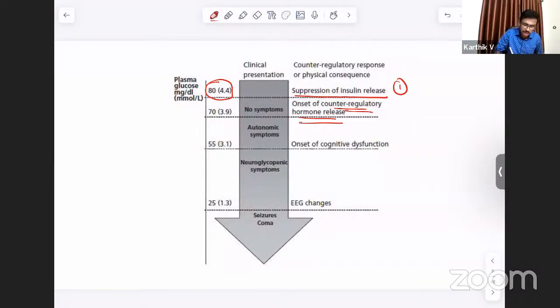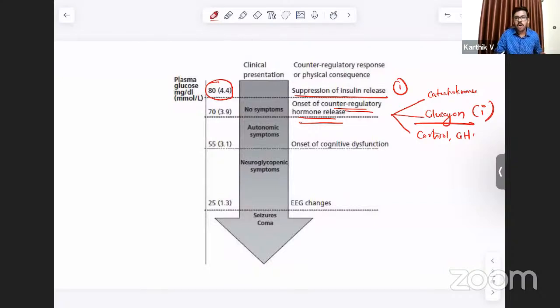Which are the counter-regulatory hormones? You have the catecholamines, you have the glucagon. Glucagon is the primary counter-regulatory hormone against hypoglycemia. Then you have cortisol, GH, etc.